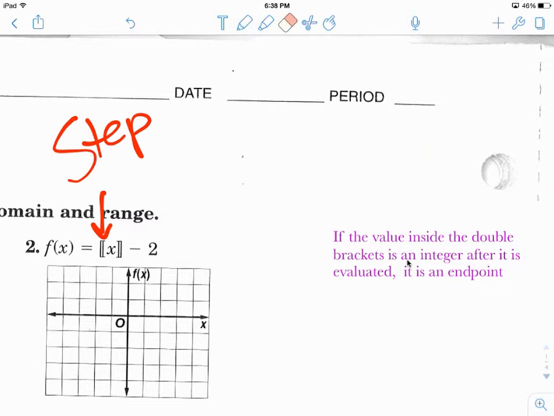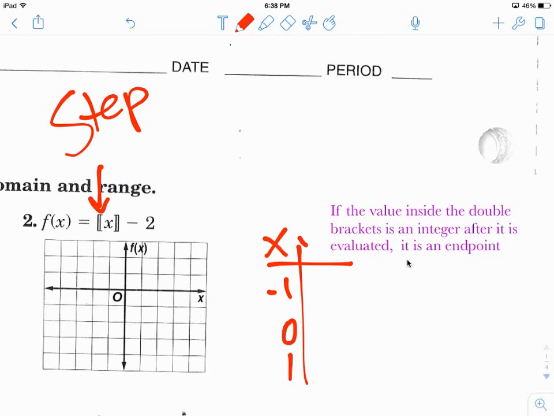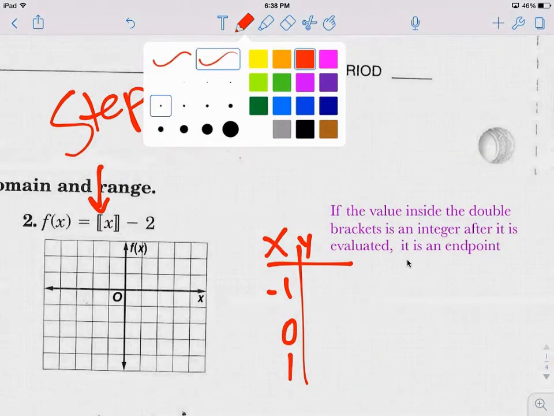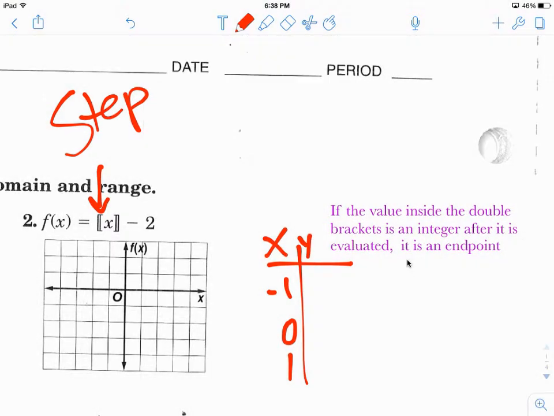So what we're going to rely on mostly is an XY chart. Now if I put some points in here, let's say -1 and 0 and 1, because they're nice numbers. When I do my XY chart, I'm going to have to put them into the greatest integer function, or the step function. So I'm going to have the greatest integer at -1 minus 2.